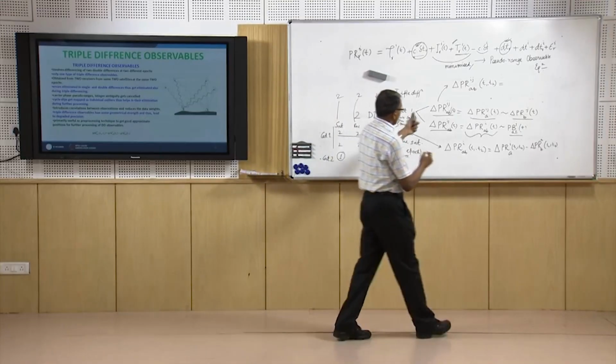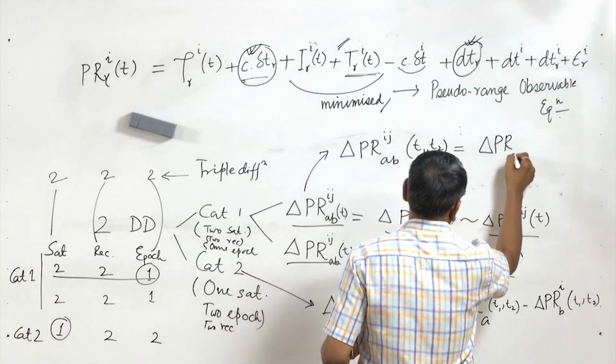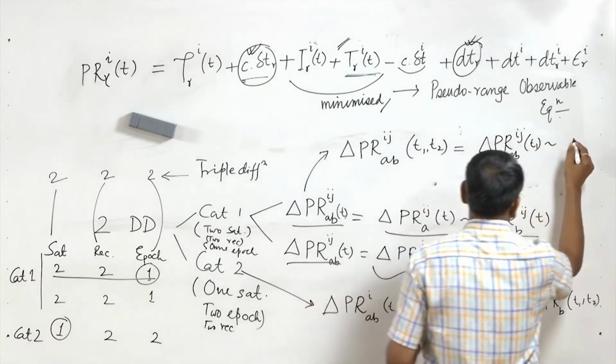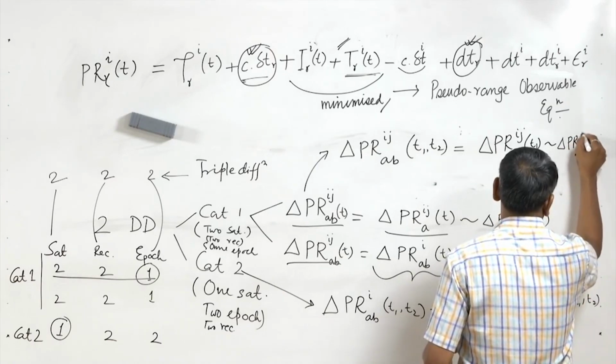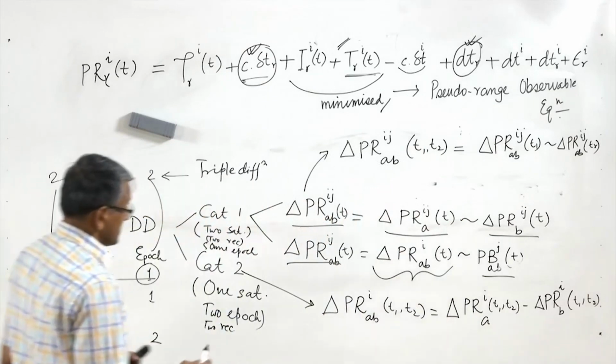So, like this: del P R A B I J T1 minus del P R A B I J T2. So, this is one of the varieties.